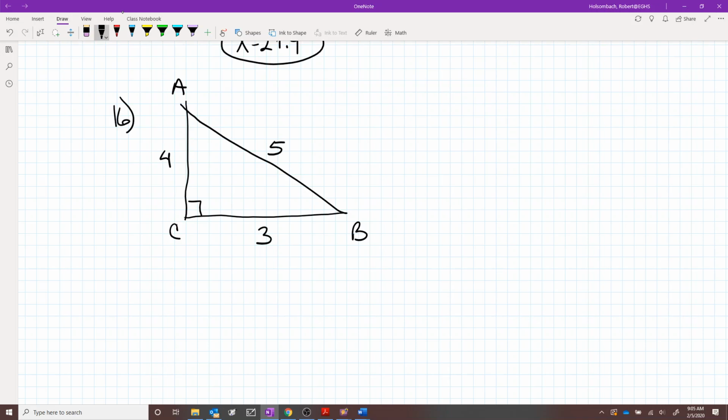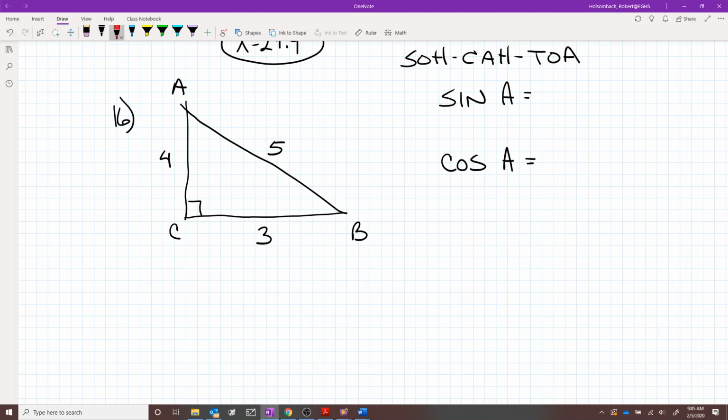Write the ratios for sine of A and cosine of A. Here's our angle A. In relation to angle A, the 3 is opposite, the 4 is adjacent, and the 5 is the hypotenuse.